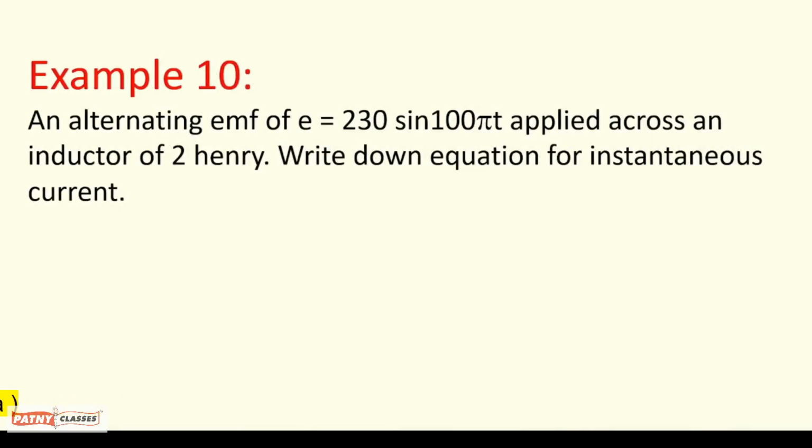Example 10. An alternating EMF of E equals 230 sin 100 pi t is applied across an inductor of 2 Henry. Write down equation for instantaneous current.